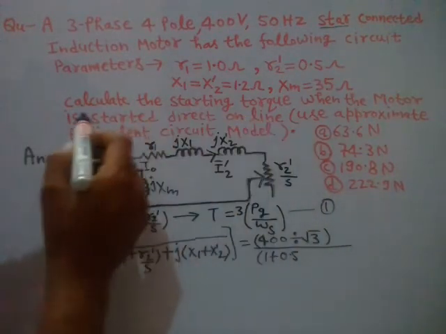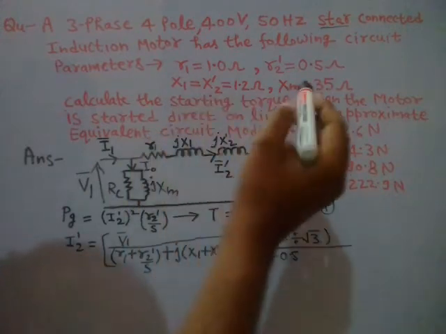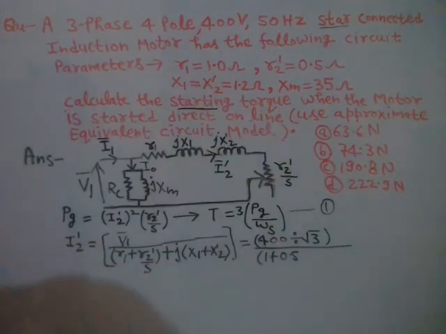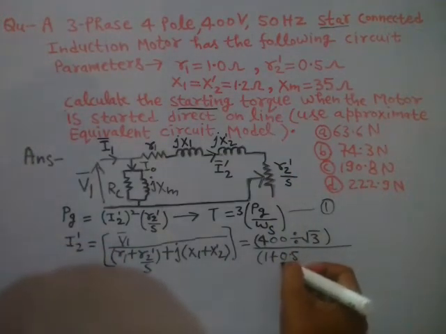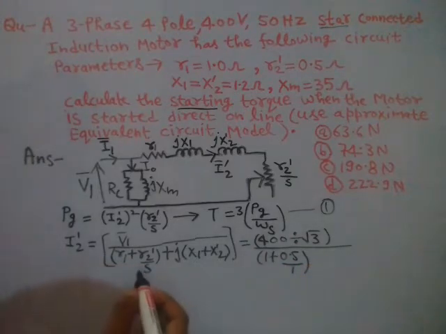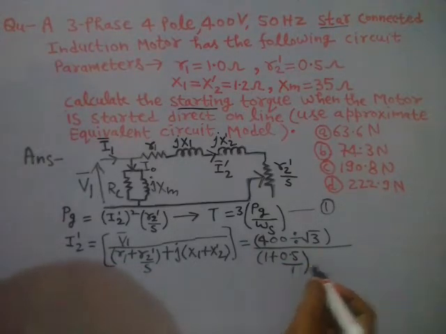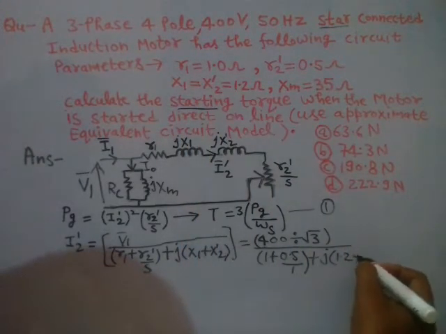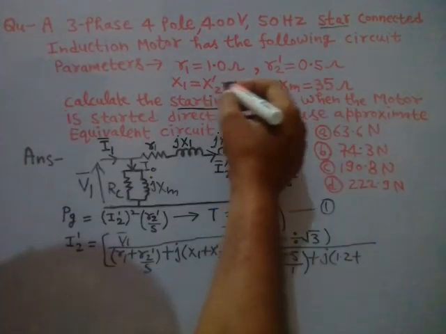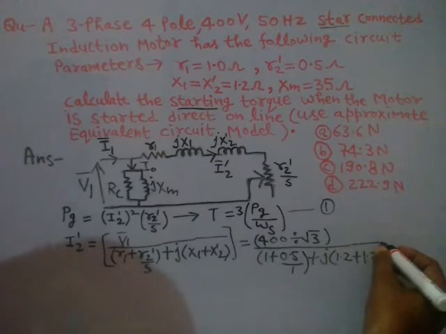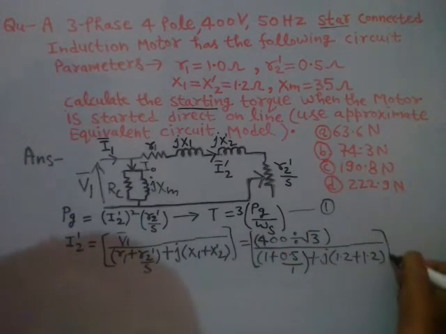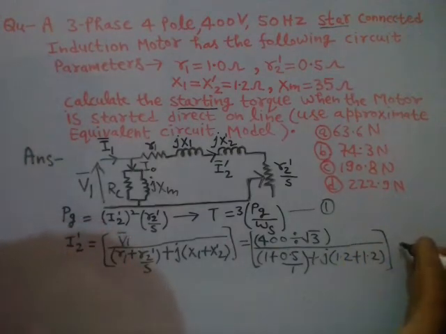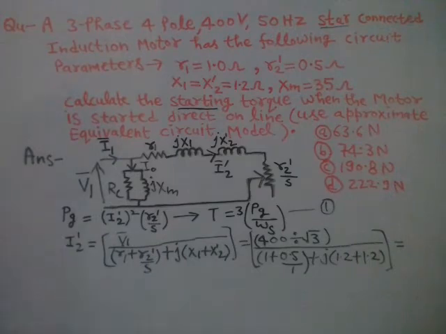Now you see that he is asking you to calculate the starting torque. At the time of starting, you know that the slip is 1, unity. So write slip S equal to 1, plus j times X1, which is 1.2 ohm, plus X2 dash, given again as the same 1.2 ohm. Alright. Now you will have to use the calculator in complex mode and find out this current I2 dash.